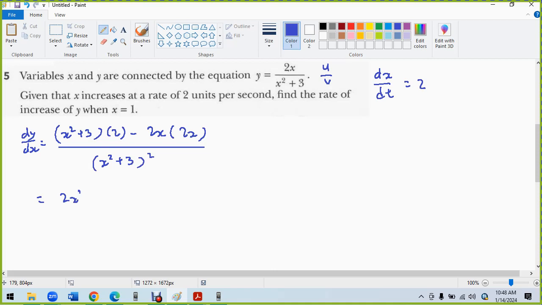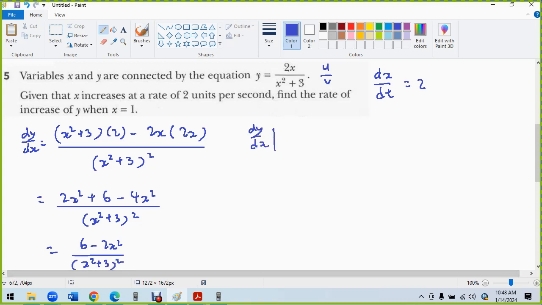So it will become 2x squared plus 6 minus 4x squared over (x squared plus 3) squared. So it is (6 minus 2x squared) over (x squared plus 3) squared.